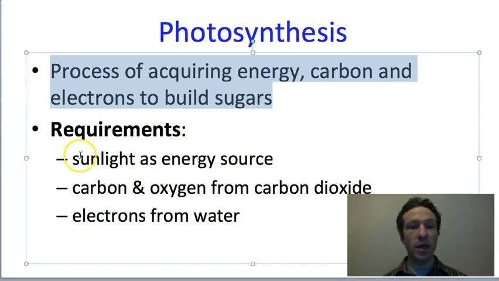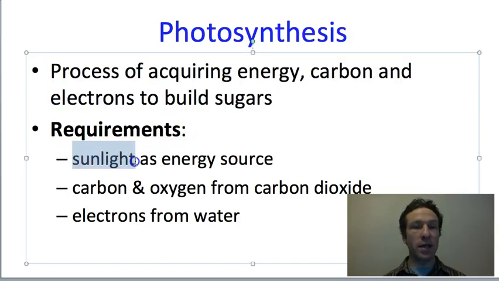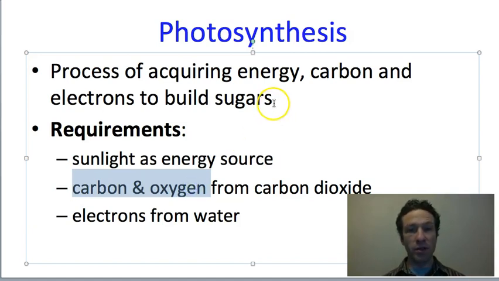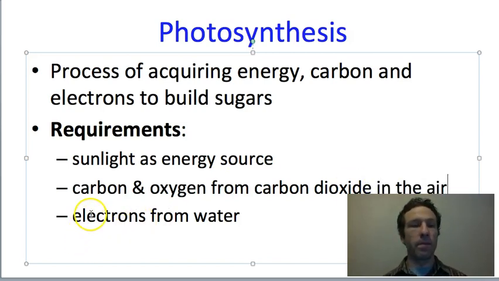The requirements then for photosynthesis is sunlight or some other light source to use as an energy source. Carbon and oxygen are necessary, as you know, based on the formula for sugars. And the carbon and oxygen, it turns out, will come from carbon dioxide in the air. Additionally, the plant is going to need some source of additional electrons to use in building its sugar.